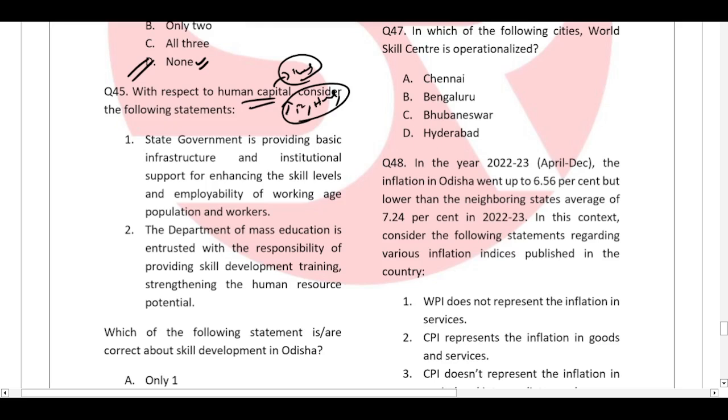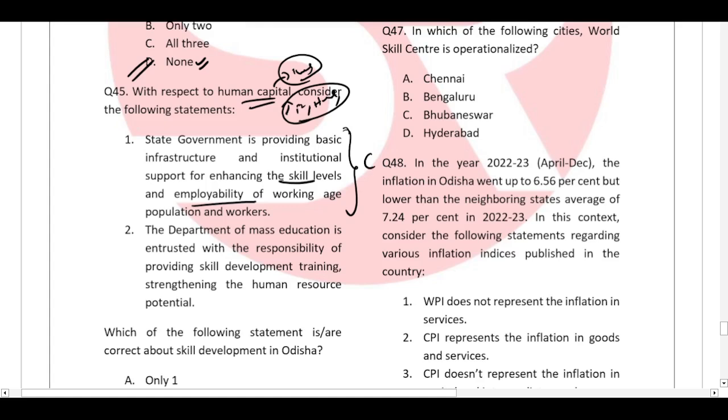Now, the state government is providing basic infrastructure and institutional support for enhancing the skill levels and employability of the working age population and workers. This question is so generic. Even without reading the statement, you can say this is correct. No statement would go against this. Obviously, every state government will work for enhancing the skill levels and employability of their workers. So this is correct.